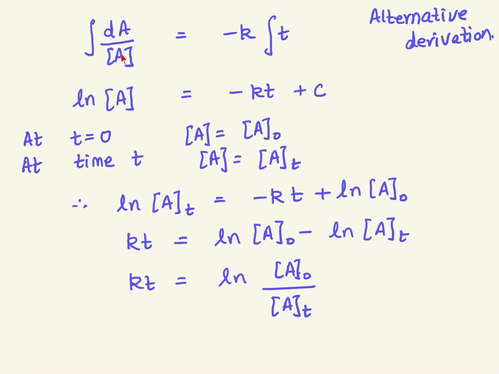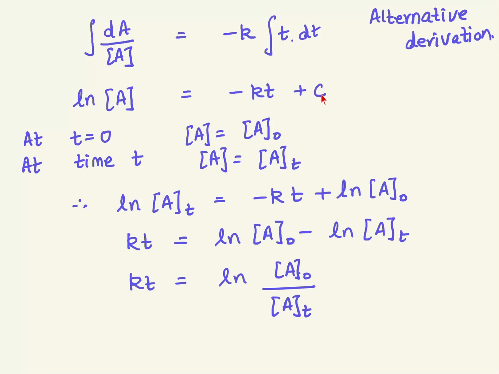So you'll have integrating dA upon A, the reciprocal of the concentration of A, is equal to minus integrating k dt, right? So what do we have over here? Natural log of A is equal to minus kt plus c, that is the integration constant.